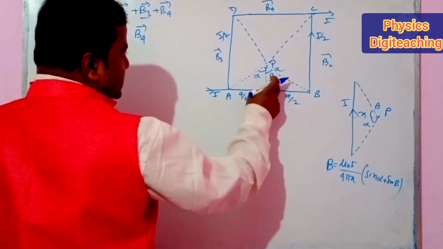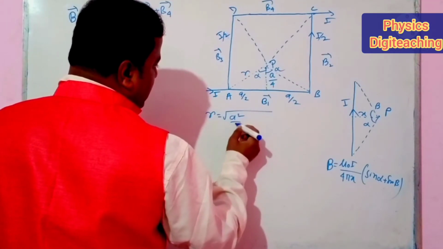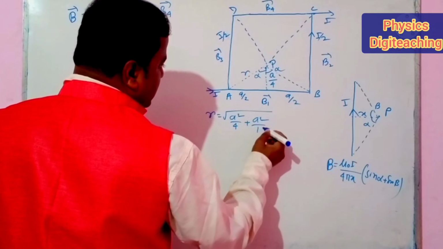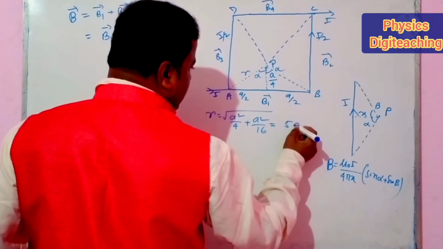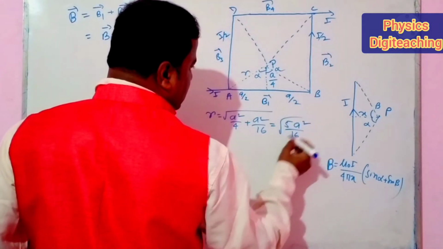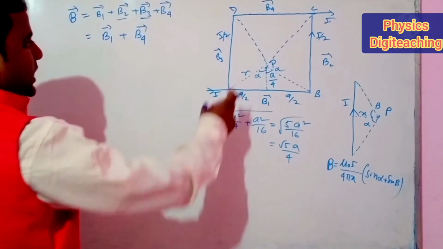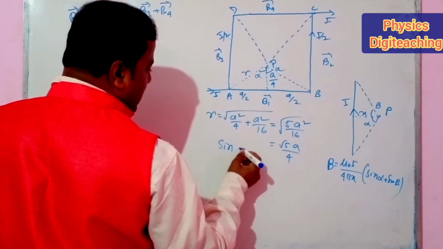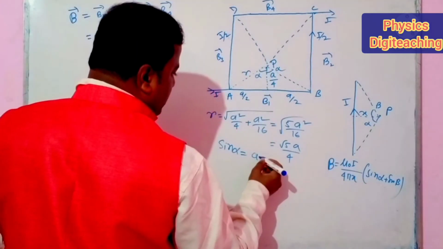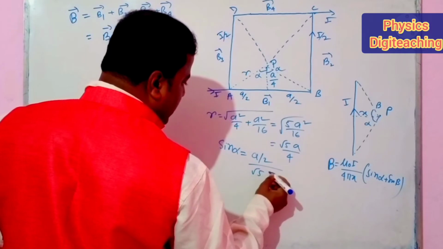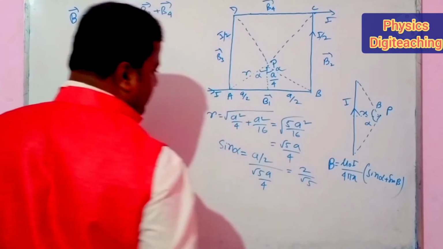This is a by 2, this is a by 4, this is R. Here R equals under root a square by 4 plus a square by 16, and this is equal to 5a square by 16, and this gives root 5 a by 4. Now what will be the sin alpha? Sin alpha equals perpendicular upon hypotenuse. Therefore a by 2 upon root 5 a by 4, and this is 2 upon root 5.